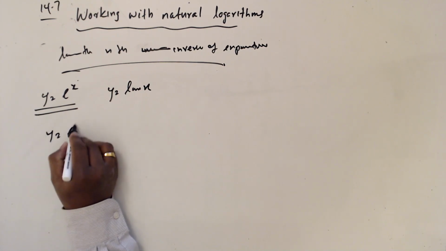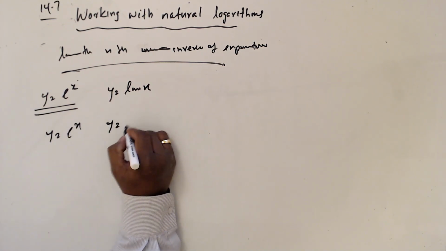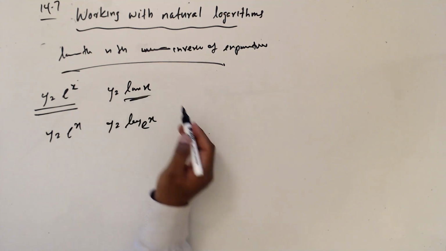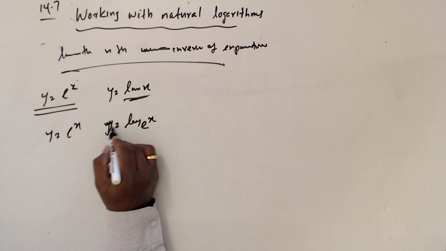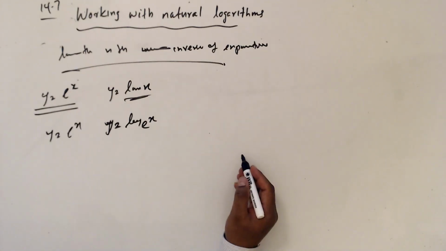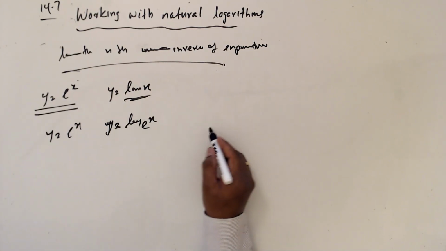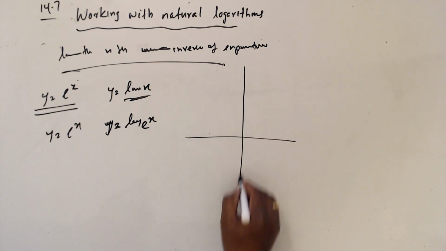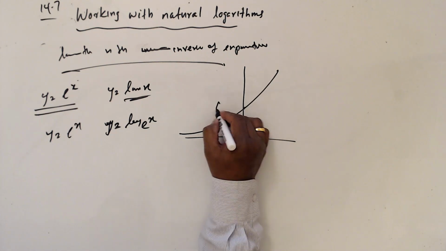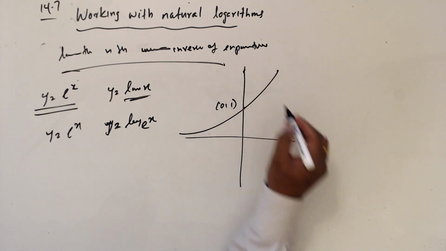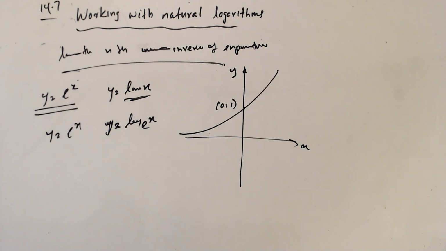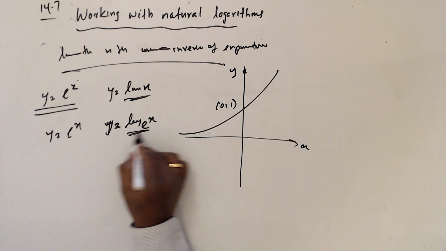Y equal ln x means log base e of x. Those graphs behave as follows. We know that e to the x as usual goes through 0, 1, and then there is the inverse graph.